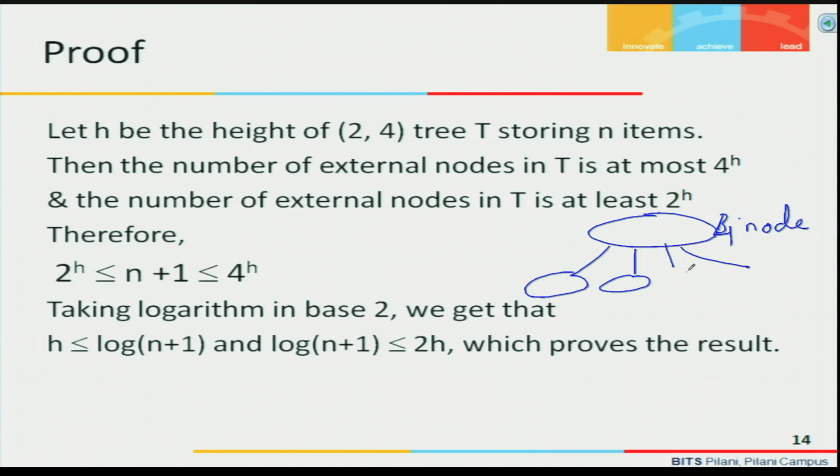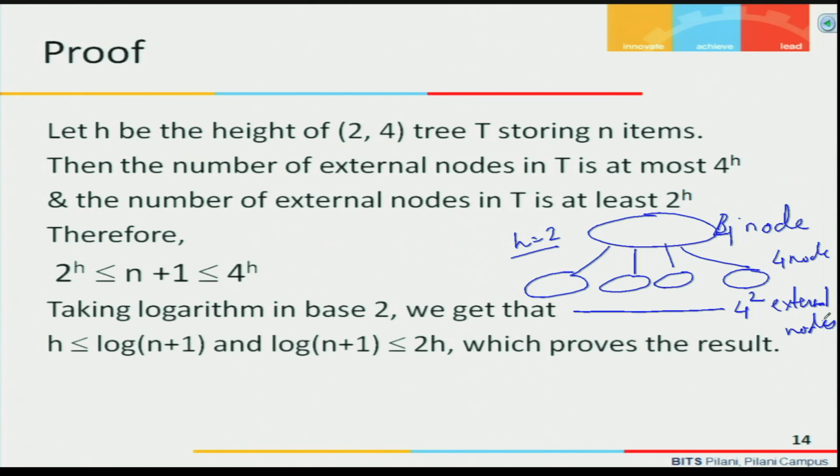All of these at this level are also 4 nodes. So, height is 2 and you will have at this level 16, or 4 squared, external nodes. So, if height is 2, then the maximum number of external nodes that you can have is 4 squared.